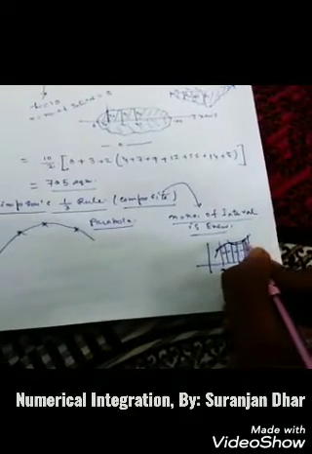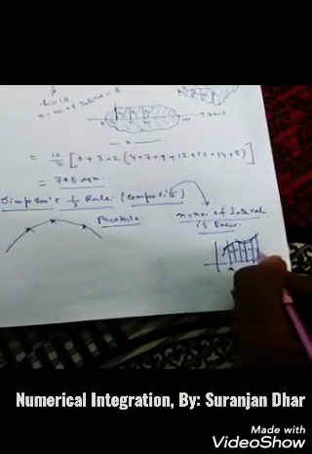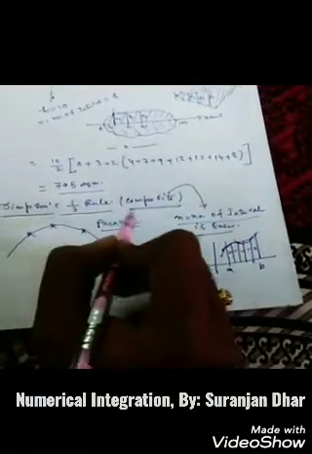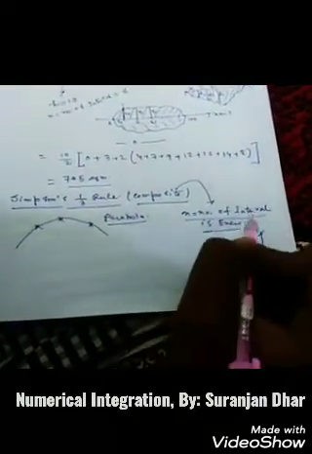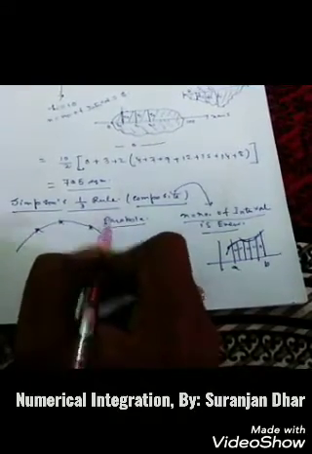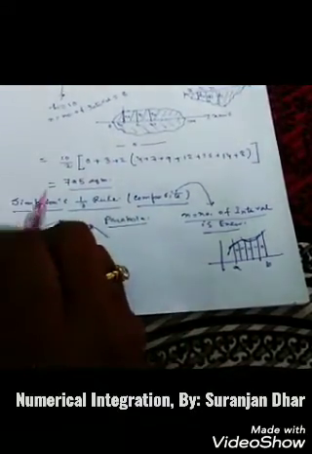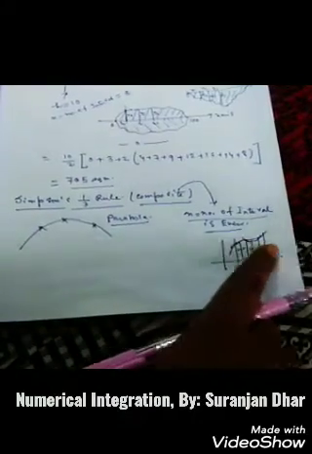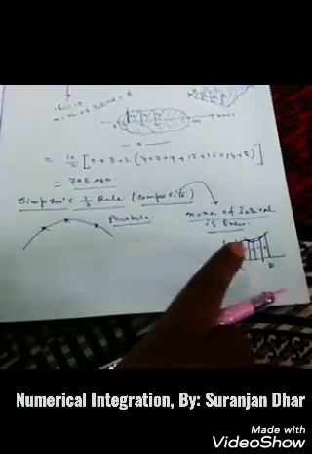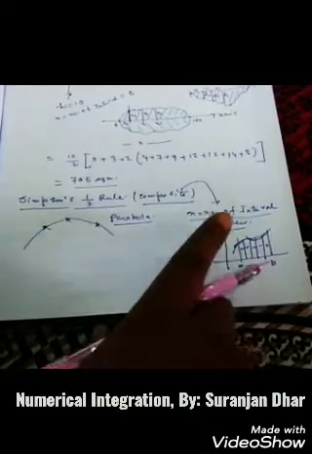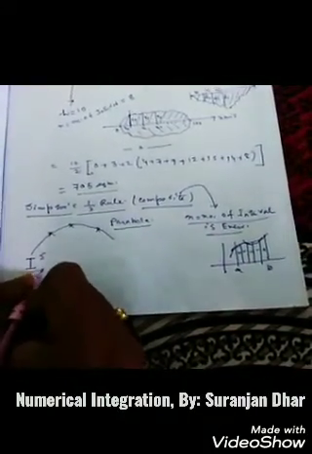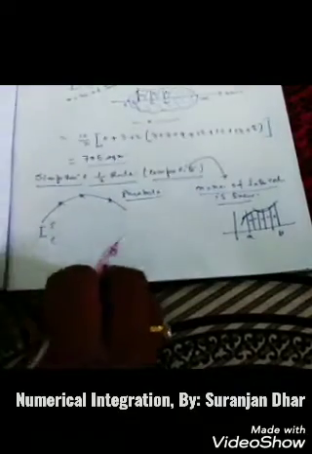So remember, in Simpson's 1/3 rule the main concept is that the number of intervals is even and the points are joined by parabola, and it is more correct than the trapezoidal rule, as in the trapezoidal rule they are joined by straight lines. As a parabola is a curve, the required area is more correct. The formula is I_SC, S means Simpson's 1/3 rule, C is composite.